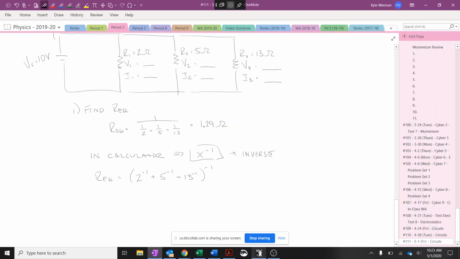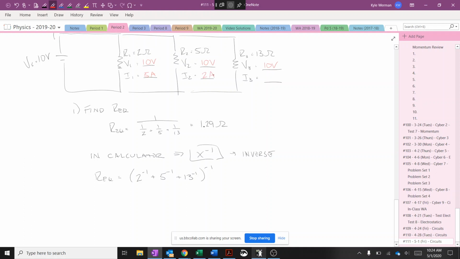We know already that because they're in parallel, these all get 10 volts. And Ohm's law says that I equals V over R. So the first should get 5 amps. 10 divided by 5 is 2 amps.